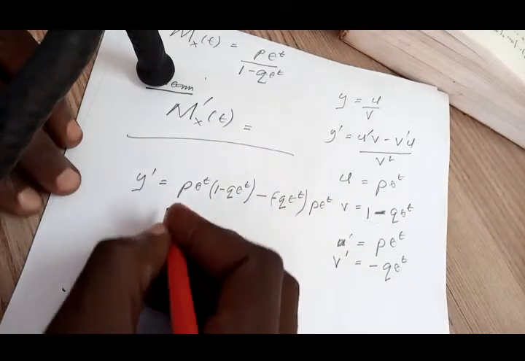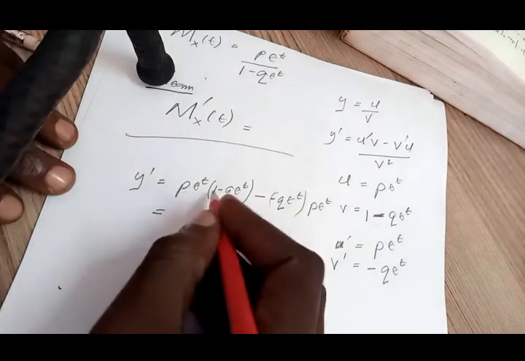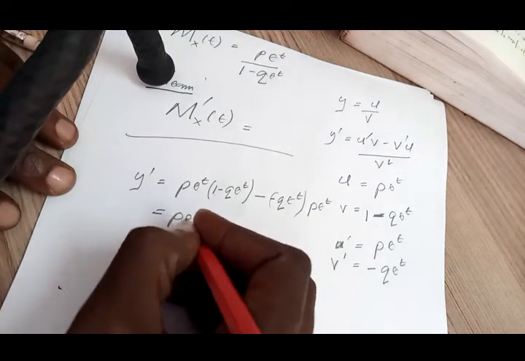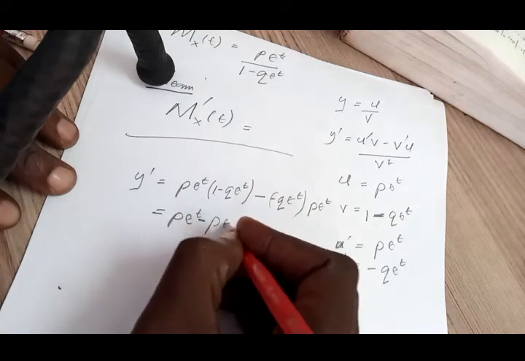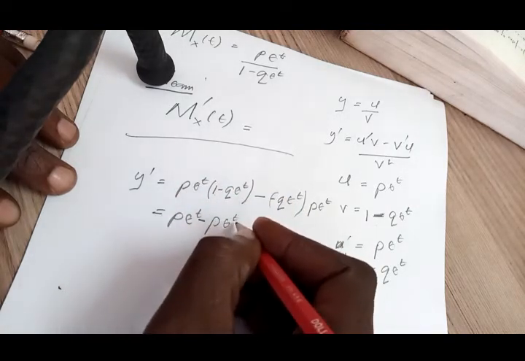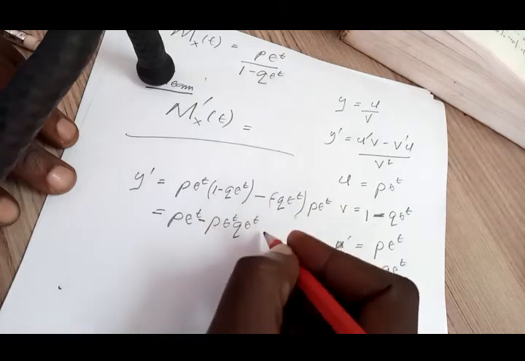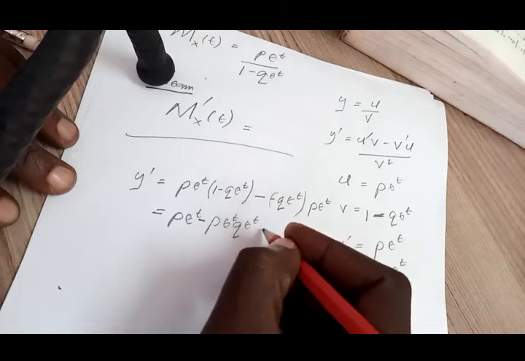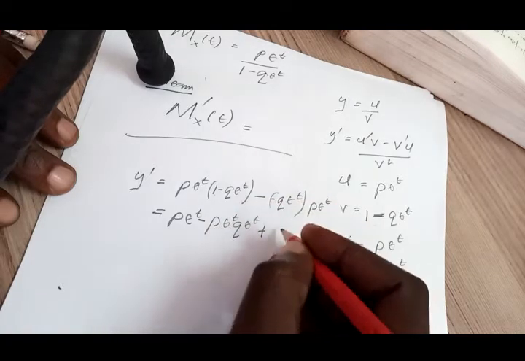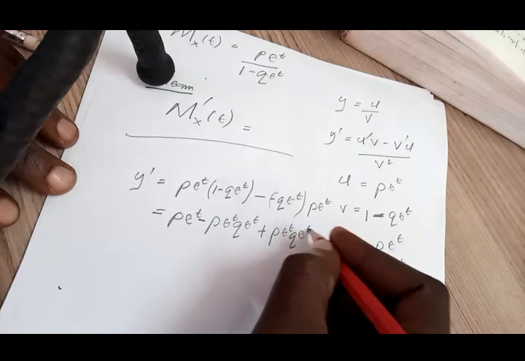So when we start simplifying, multiplying this by that gives me p e^t minus p e^t q e^t. Then of course, the minus times minus gives plus, so multiplying this gives p e^t q e^t.